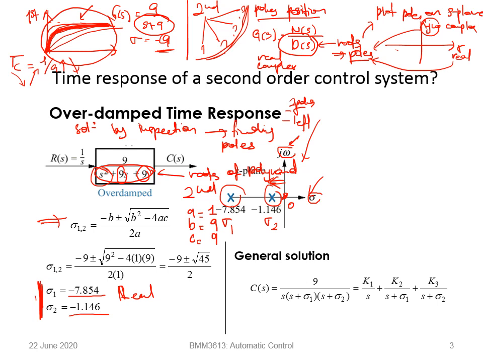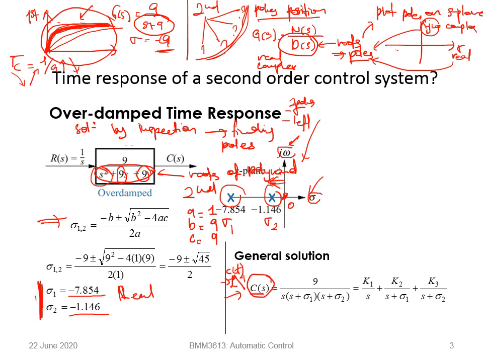So when you want to find the time response, what we're finding is c(t). In order to find c(t), it is basically the inverse Laplace of C(s). So we have to find C(s).